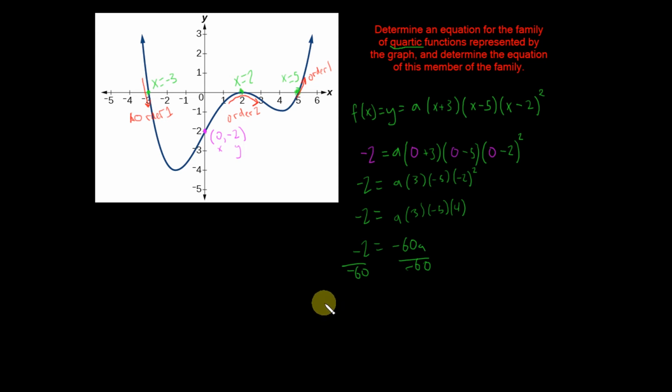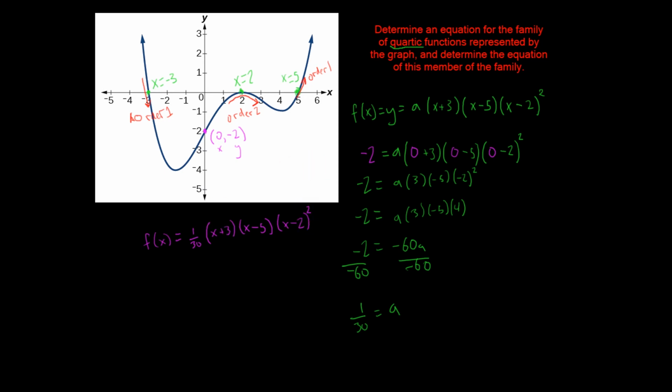And then this is going to be 1 over 30 is equal to a. So if we wanted to write this as a function, this member of the family would be f of x is equal to 1/30th, x plus 3, x minus 5, and then x minus 2, and it bounces back, so it's to order 2.